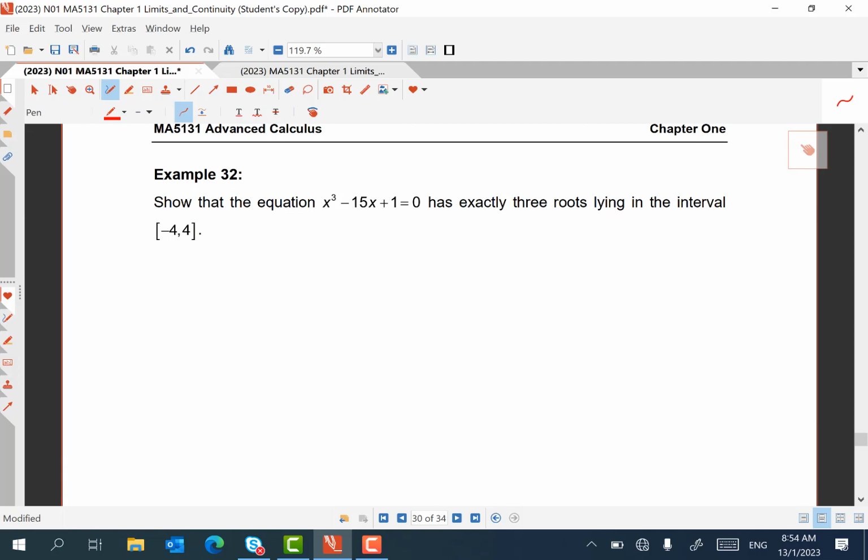Okay, so for this question, example 32, earlier on, Kenneth in front of me was trying to prompt me, saying that before we even look for the roots of an equation, we should try to establish the existence. It's true. However, for this particular question and for this type of question, we can just do trial and error first.